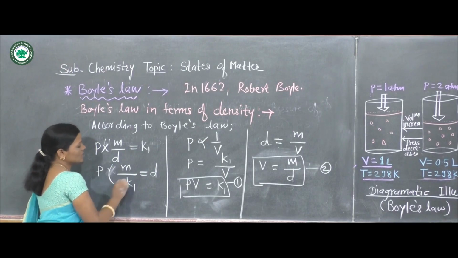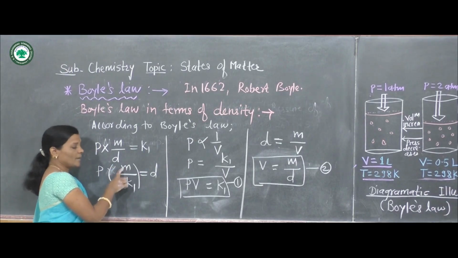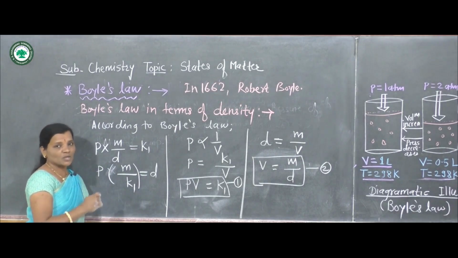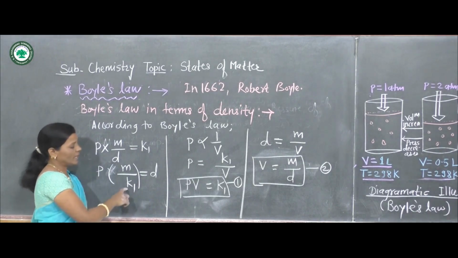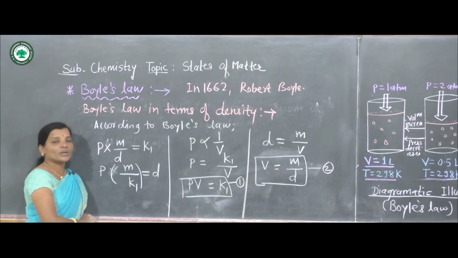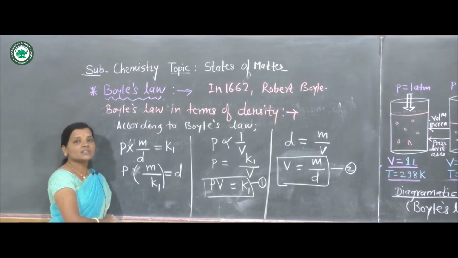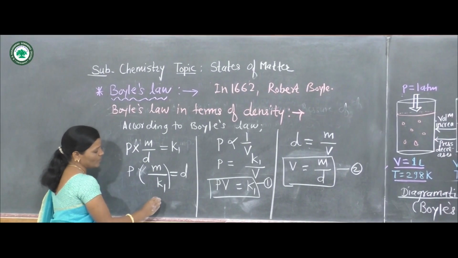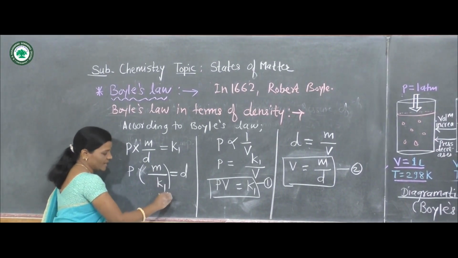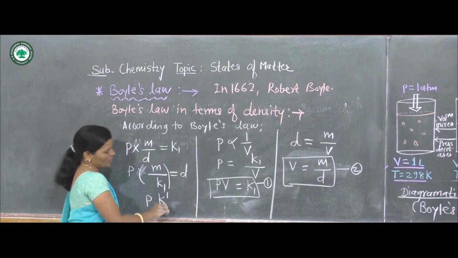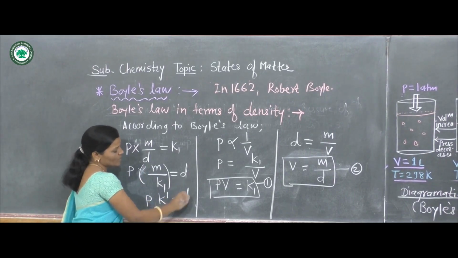Now if we observe this equation, then M upon K1, M is the fixed amount of gas that is constant throughout the system, K1 that is proportionality constant, that is also constant, and hence this ratio M upon K1 is also constant. Now suppose that M upon K1 constant is K dash, then here we will write this equation P into K dash is equal to D.